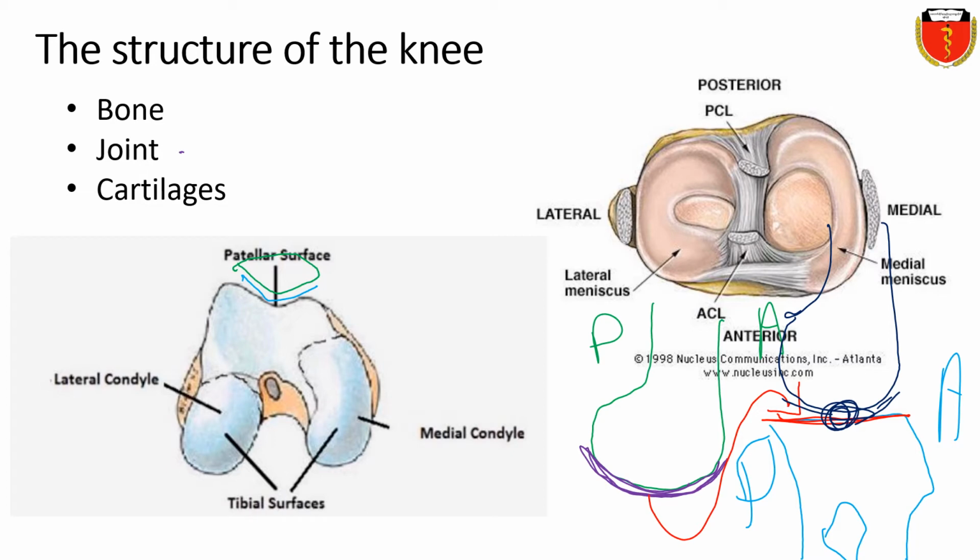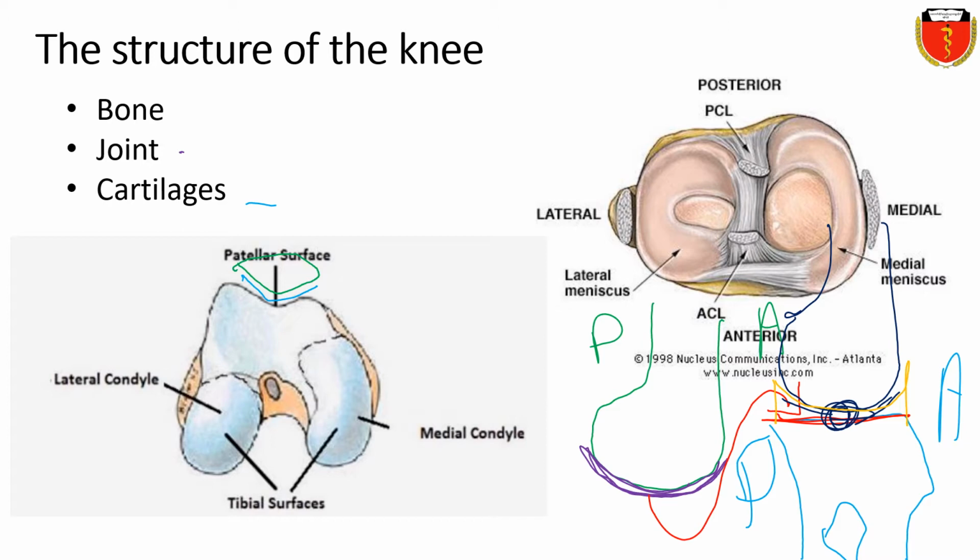This space will be filled by cartilage. The cartilage of the meniscus is very specifically found in the knee joint. It fills those gaps. The meniscus has the advantage of providing friction reduction between bone and bone. It fills the space and reduces shock. Because the surfaces are not matched together, the weight distribution from the femur to the tibia is reduced.